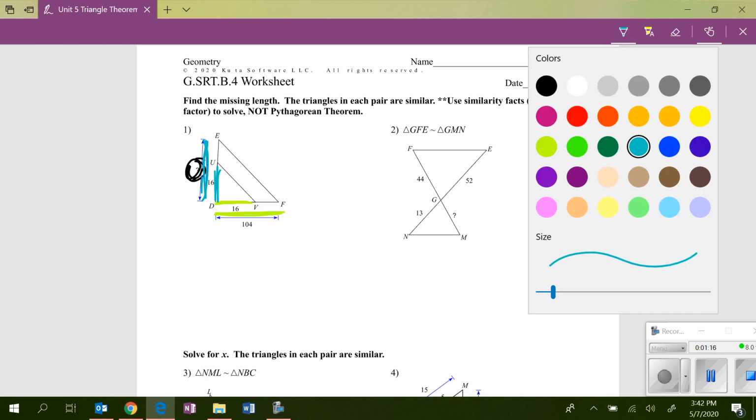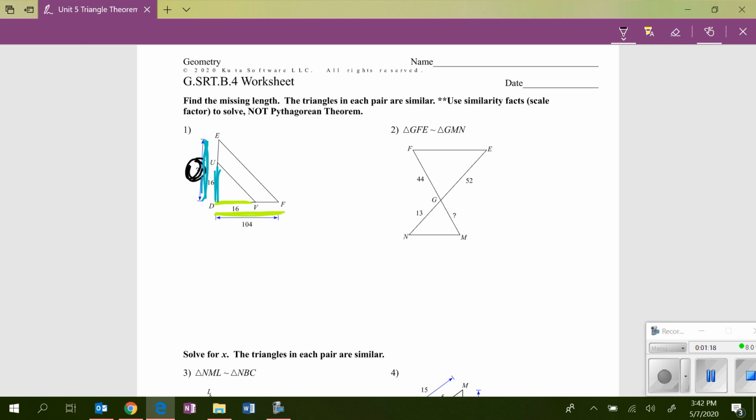Something else that I noticed is that triangle DVU is an isosceles triangle because these side lengths here are exactly the same, which means that my bigger triangle DFE should also be an isosceles, and that 104 here is the same as 104 there. So we could already say that DE is equal to 104.